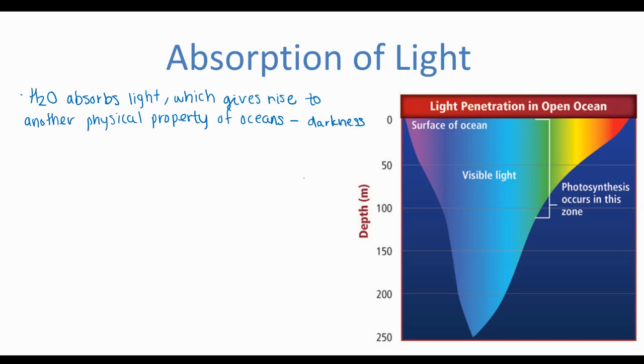And if you look at this graph right here, in general, light is only going to be able to penetrate the first 100 meters of the ocean. And this is also where photosynthesis is able to occur. Okay. So in general, light penetrates only the upper 100 meters.